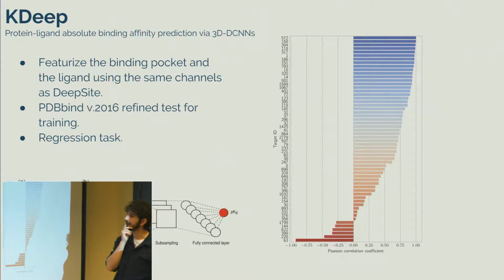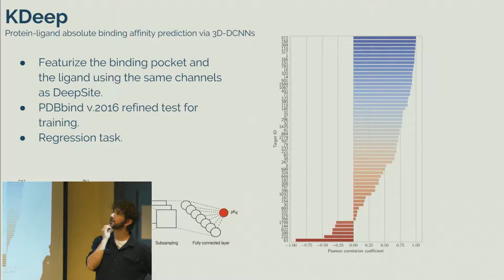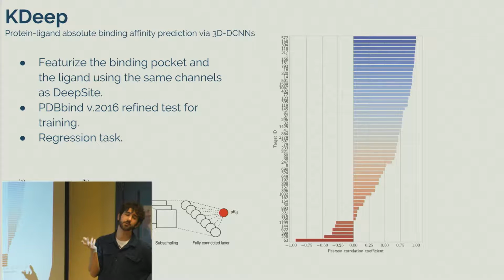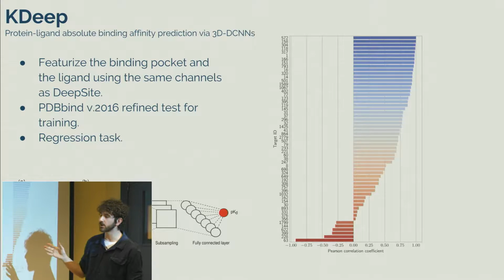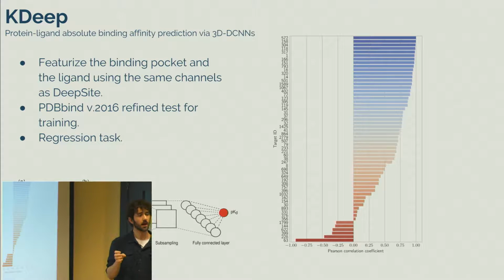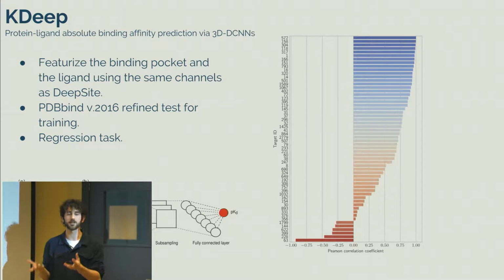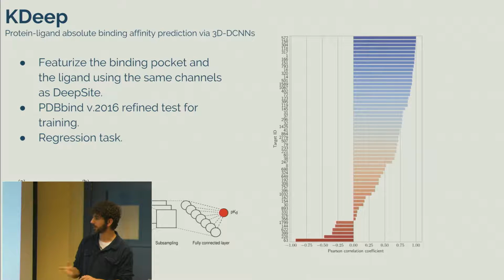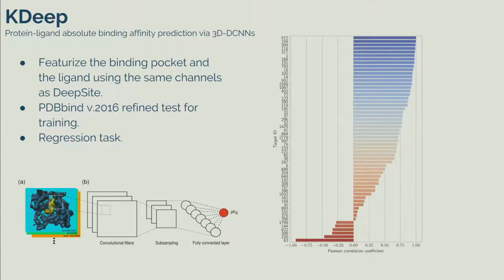The next one is also based on the same approach with deep convolutional neural networks, but this time it is focused on absolute binding affinity prediction. The application is called Kdeep, and here it tries to predict how strongly a ligand binds to a protein. So it is a quantitative prediction. It gives this value as a pKd, which is basically the equilibrium constant between how much the ligand stays inside the protein or stays out.